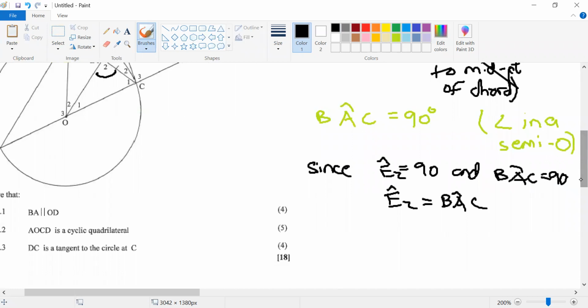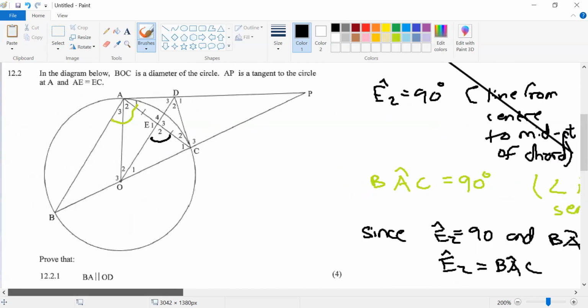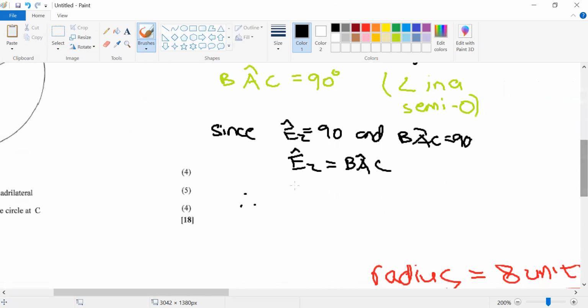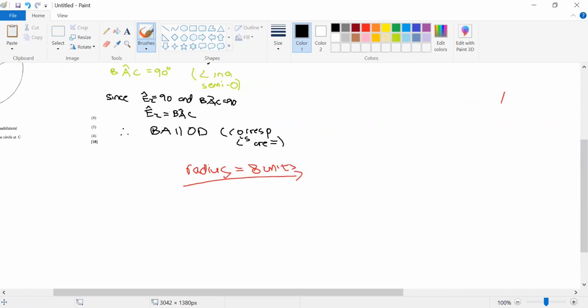And now from this, what we can say is that, therefore, the lines BA is parallel to OD. And the reason this is true is because corresponding angles are equal. Let's get rid of the radius stuff.